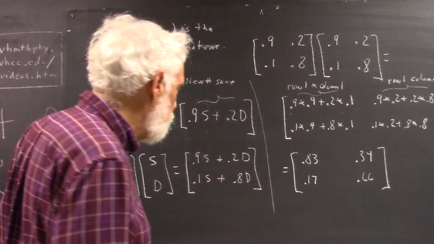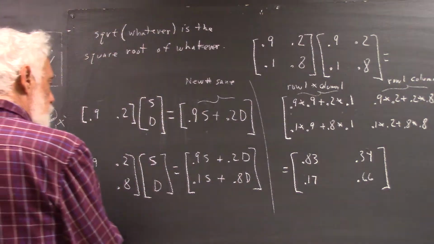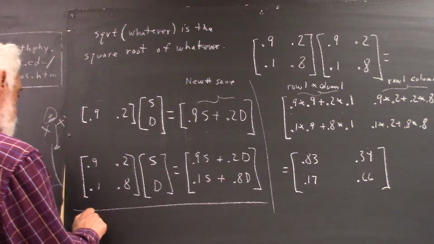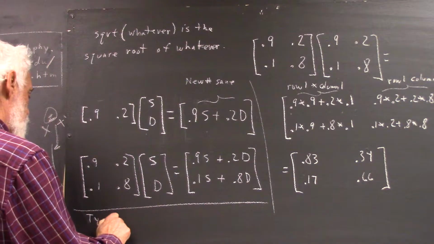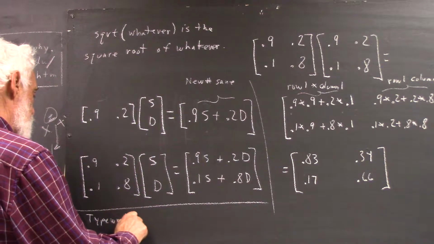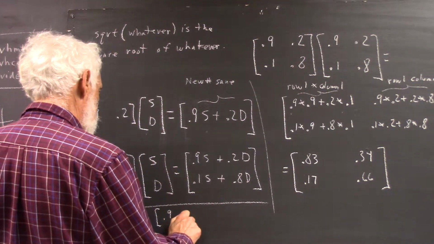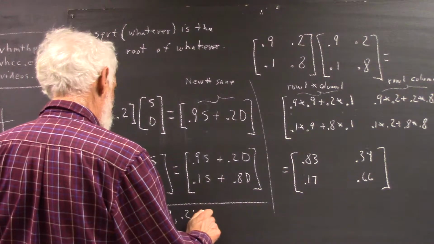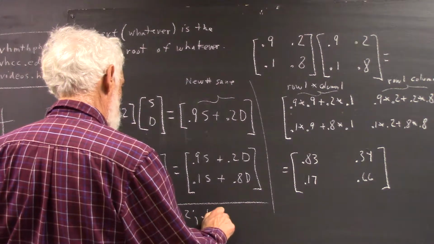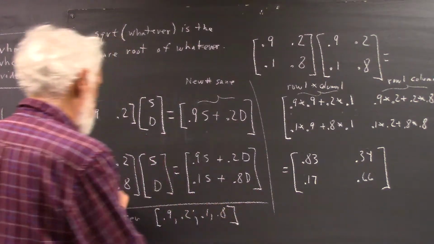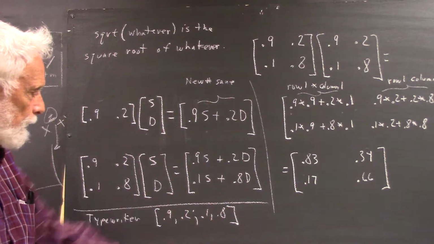In Wolfram Alpha, okay, well, first of all, if I type this matrix, and I've shown you this before, this transition matrix is like this.